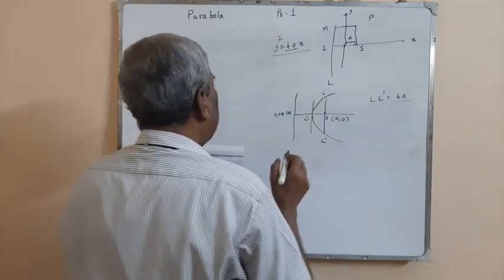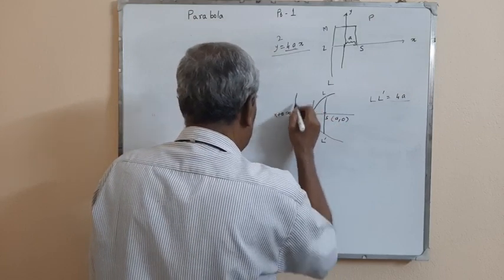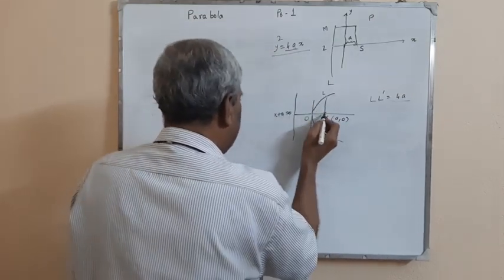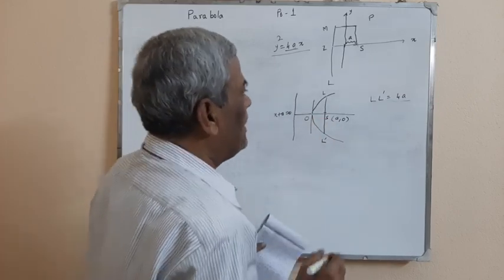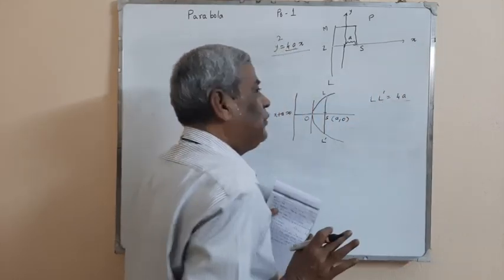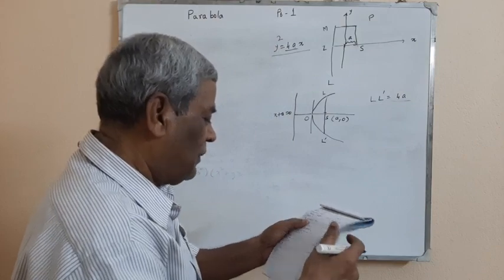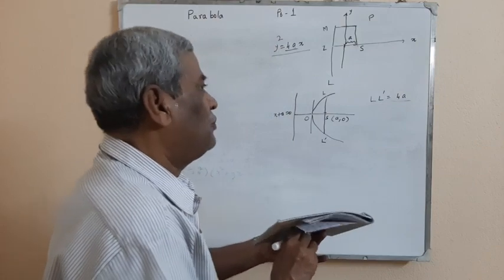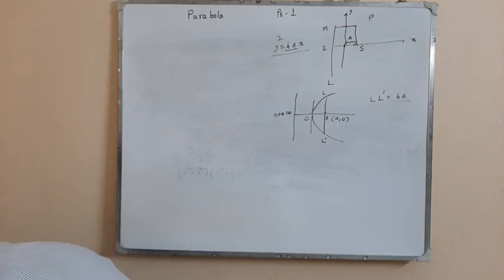Or if you can find the distance between the focus and the equation of directrix, that length is a plus a, that is 2a. In that case, multiply this distance by 2, then you will get the length of latus rectum. Anyway, finding the length of latus rectum is very important for solving problems.